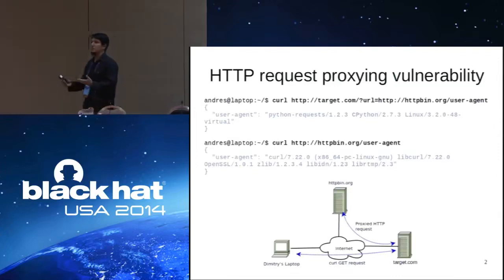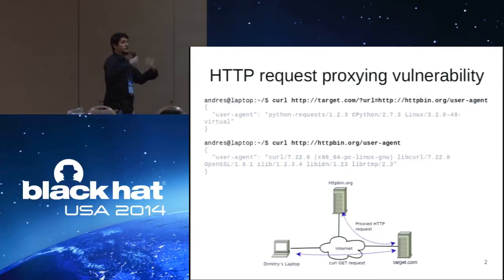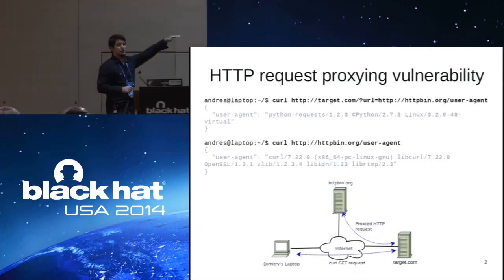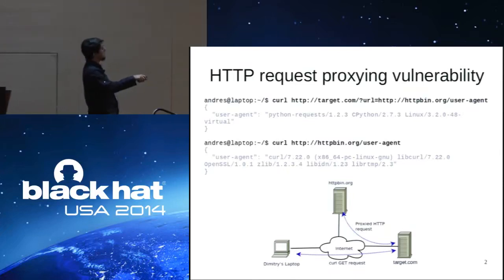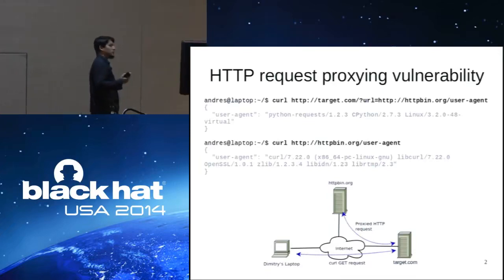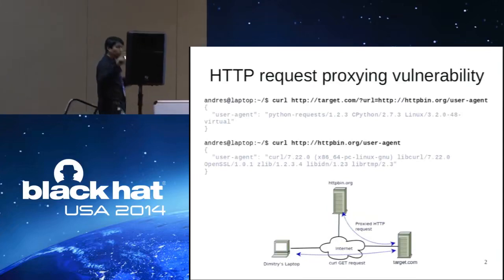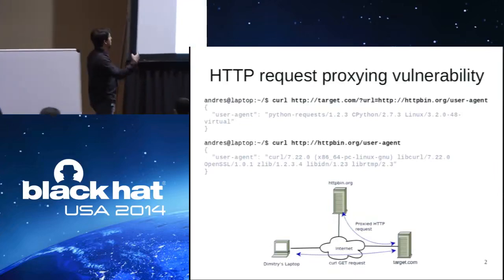I'm sure that most of you have already seen this, but the basic idea is that if you perform an HTTP request, like in the first line that you see there, to a URL that has a URL parameter, the vulnerable web application is going to forward that HTTP request and return the response.